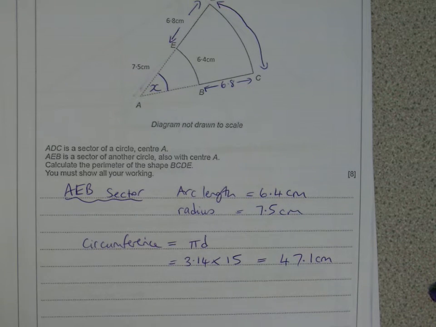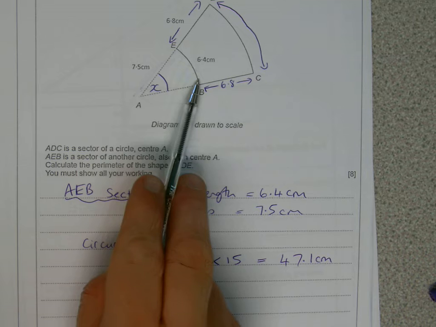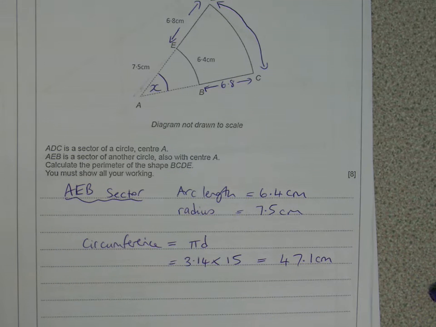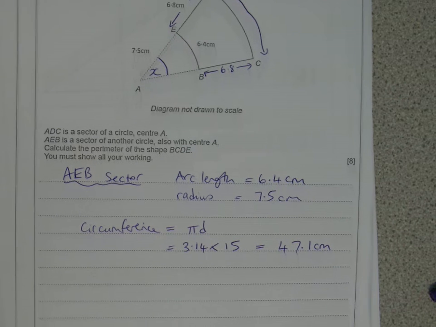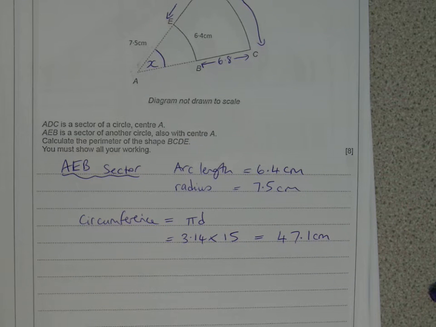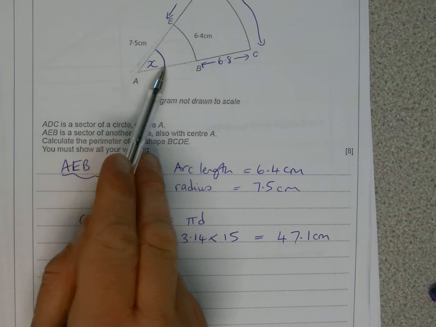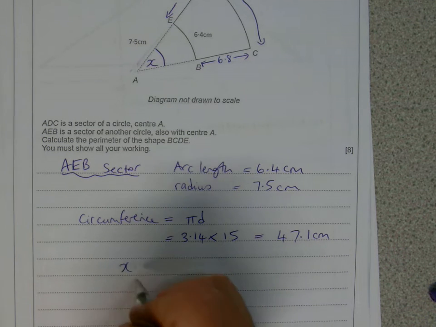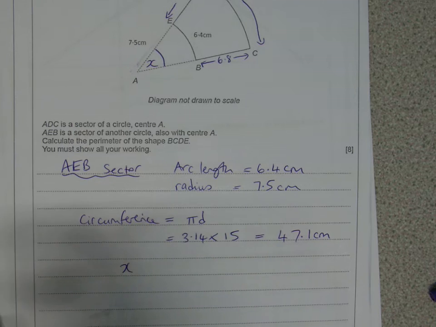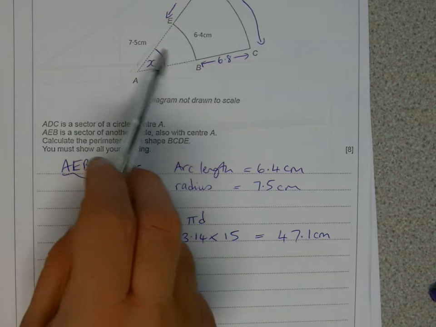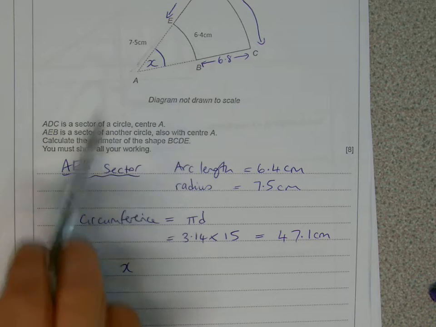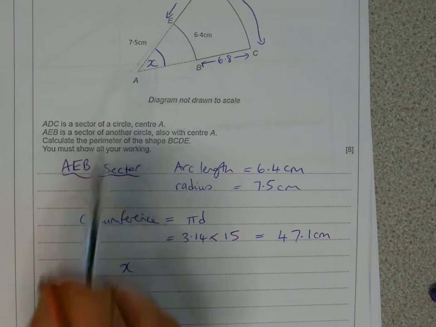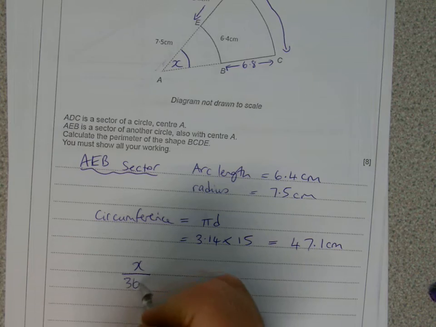And then I need to appreciate that the arc here, arc EB, is just a fraction of the circumference, and in terms of what fraction it is, the fraction will be the angle here out of the total of 360. So my angle, which is angle x, is just a fraction of the whole circle, the angle x out of 360.